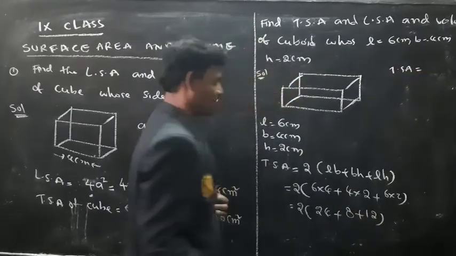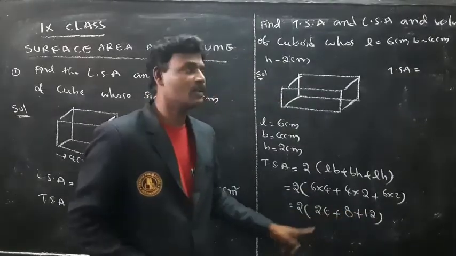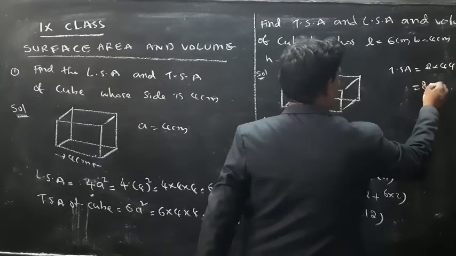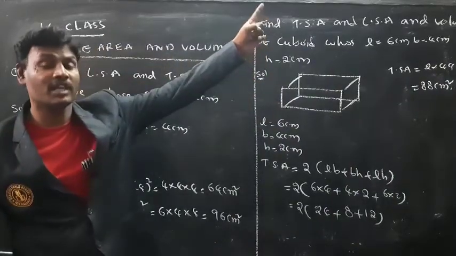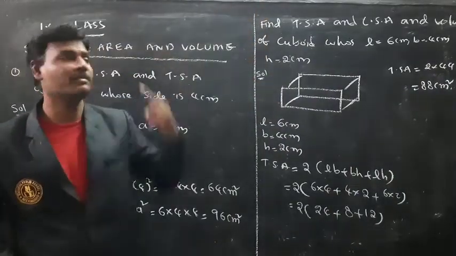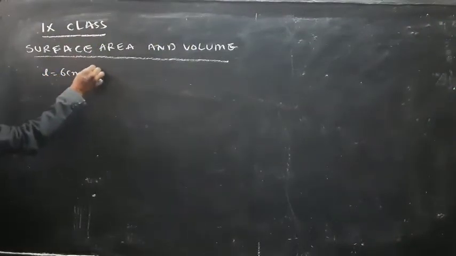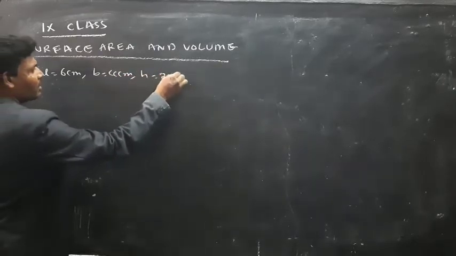TSA of cuboid is equal to 12 plus 8 is 20, 20 plus 24 is 44. So it is 2 into 44 is equal to 88 centimeters square. So what is the TSA of the required cuboid? 88 centimeters square.